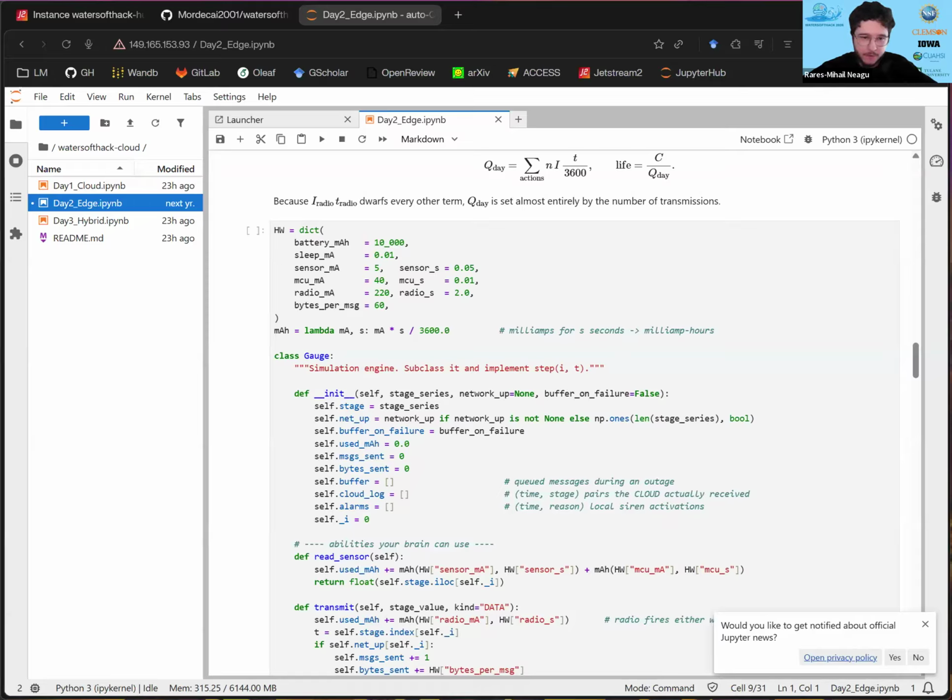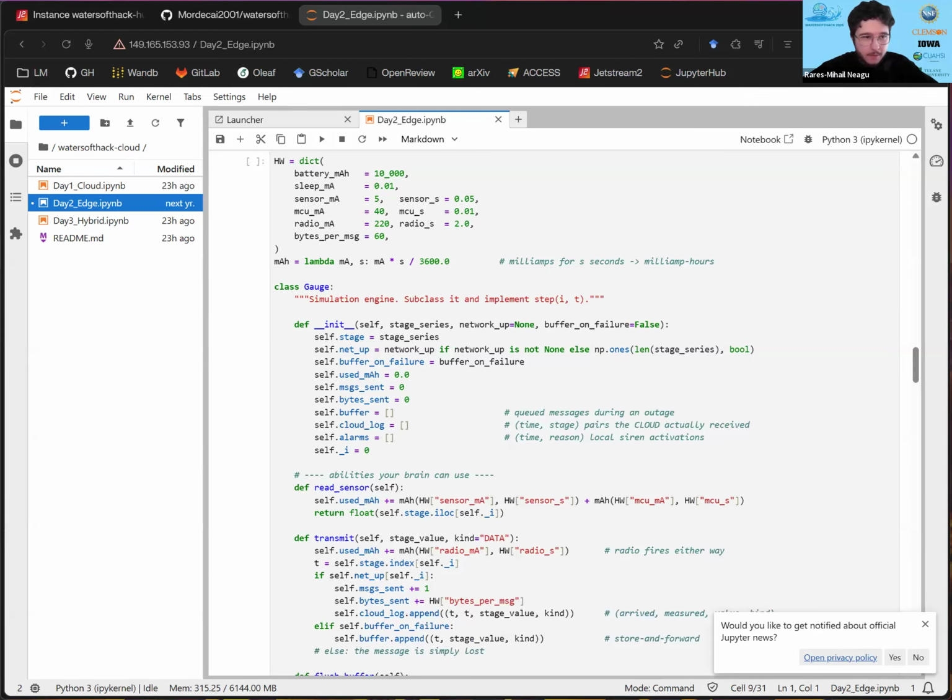It's a simple mathematical formula. Now, the radio costs around 700 times more than the sensing, so that is why we're going to see the smart gauge win.